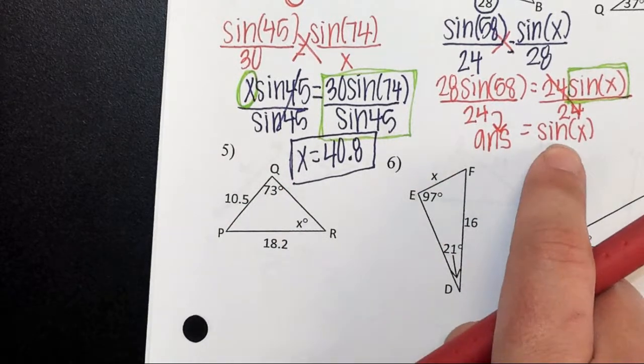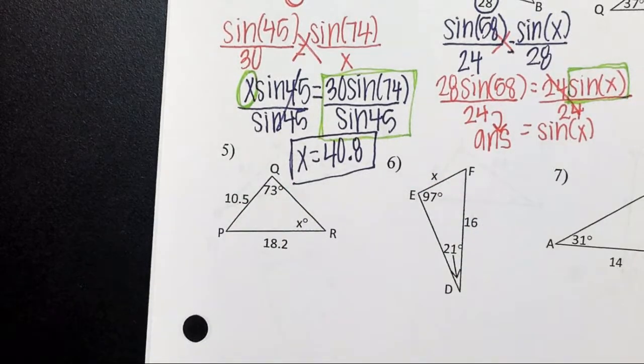Now, how do I break the sine and the x? I have to take the inverse. Here's the easiest way to do it because you don't want to write all that down and type it all back in. So press second sine, and then we want to make our calculator take that piece and put it right here.